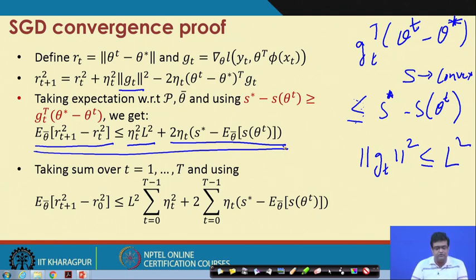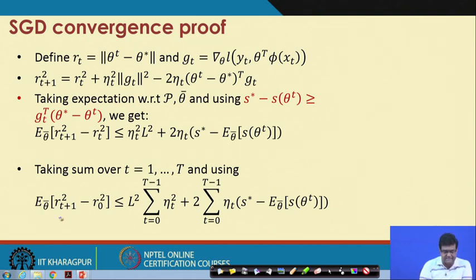Now, we want to take the summation over t equal to 1 to T. So, what will happen? On the left hand side, if we take the summation over all t, we will be left with only the first and the last residuals, because R_t will appear in two terms, R_{t-1} will appear in two terms, and so on, and each of them will get cancelled.